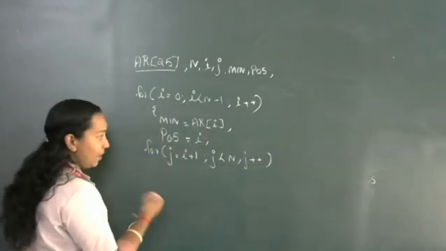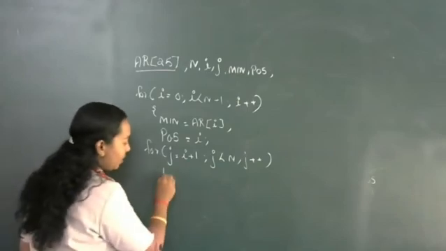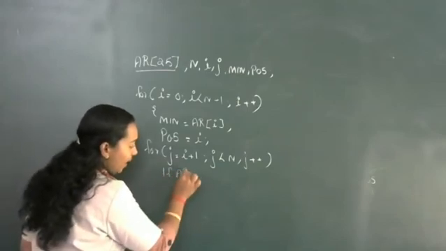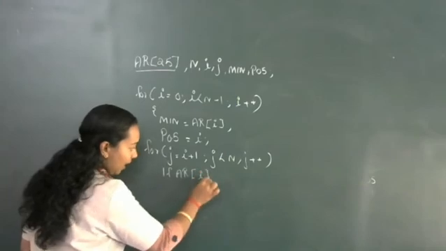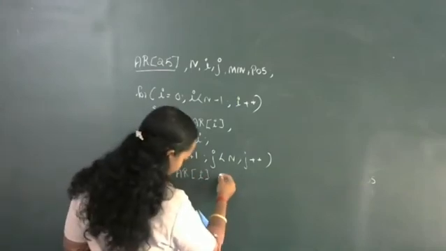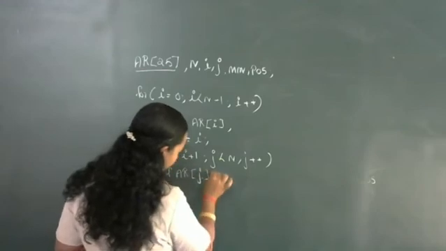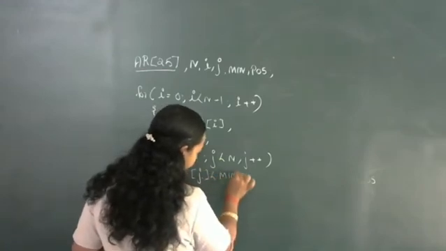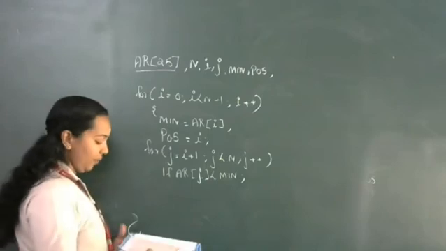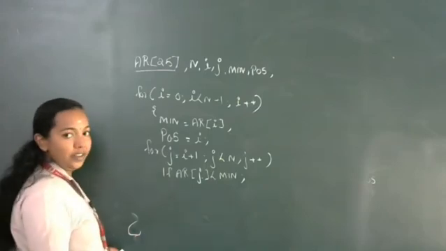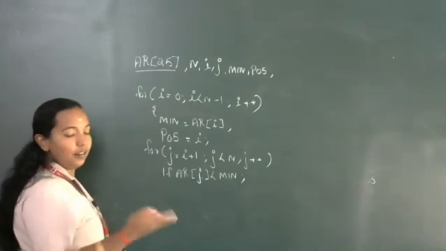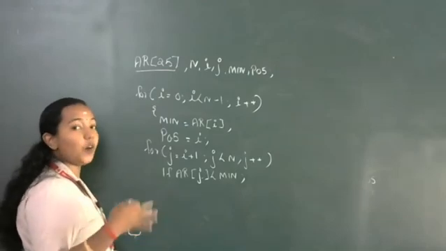What is happening? We are going to compare the elements. If AR of j less than min, that is the condition. If that value is less than min, then what do you want to do?